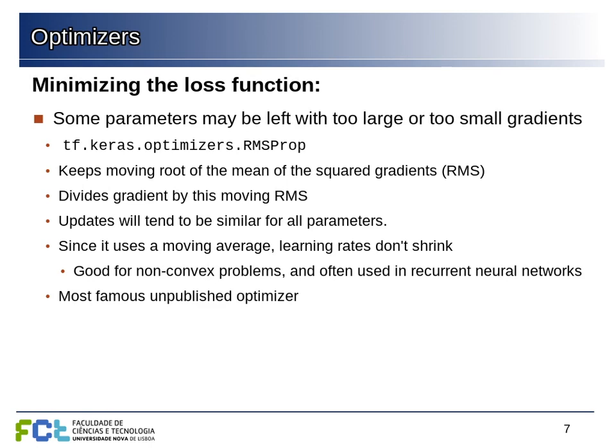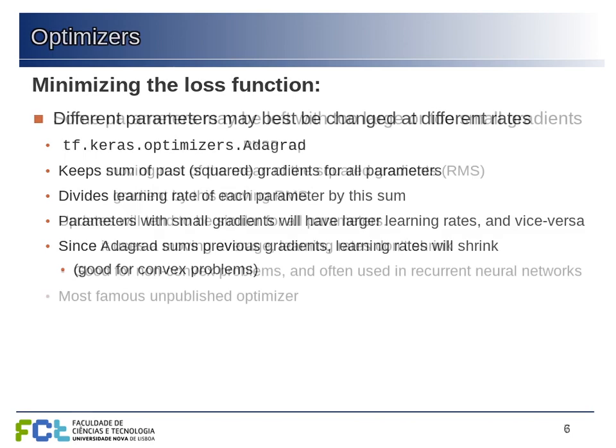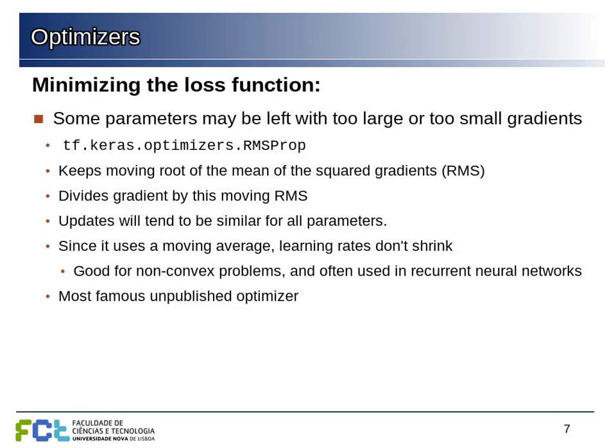RMSprop is similar, but instead of keeping the sum of the squares of the gradients, it keeps the root of the mean of the squared gradient. So this is taking the sum of the square of the gradients, then dividing by the number of iterations, and then taking the root of that. So it's an average, not a sum. Otherwise, it works similarly to AdaGrad.